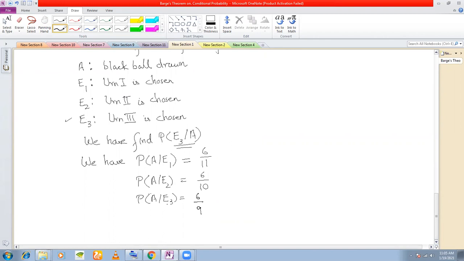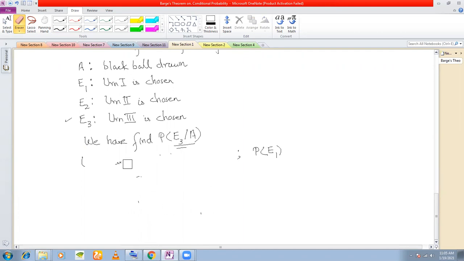Also, what you must see is, if there are 3 urns, what is the probability that urn 1 is chosen? Okay, fine. We will first write Bayes theorem, then we will write. That would be easier for you.